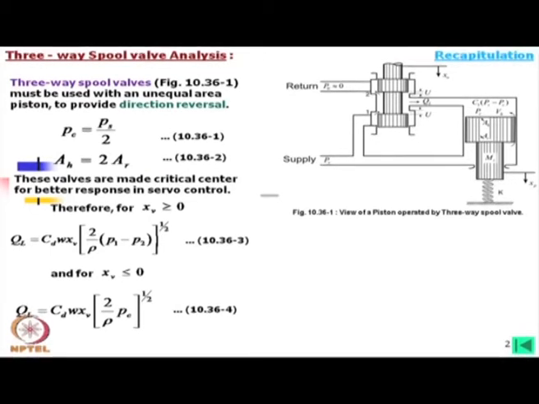And the W in case of a fully open valve, that means the full groove, is equal to pi into D, as I have told.